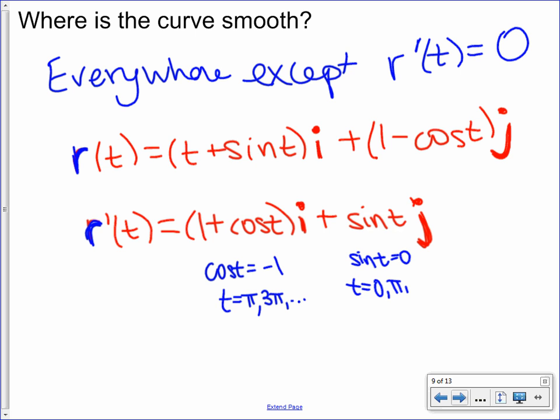Basically we're looking for where both are zero. So I'm not smooth when t equals n pi, where n is an odd integer.